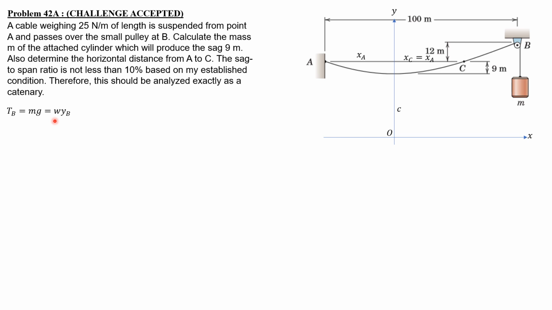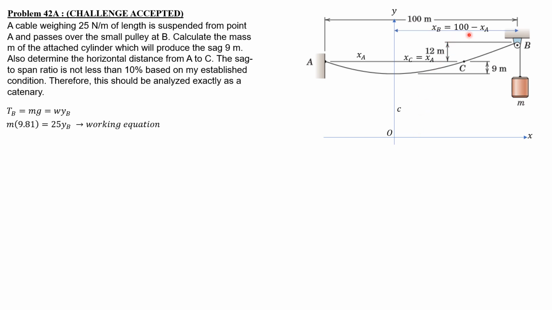So w is given, so our problem is really YB, where YA is from the figure C plus 9. So our working equation is this in computing for that mass. So YA is C plus 9, while YB is C plus 9 plus 12 or C plus 21.